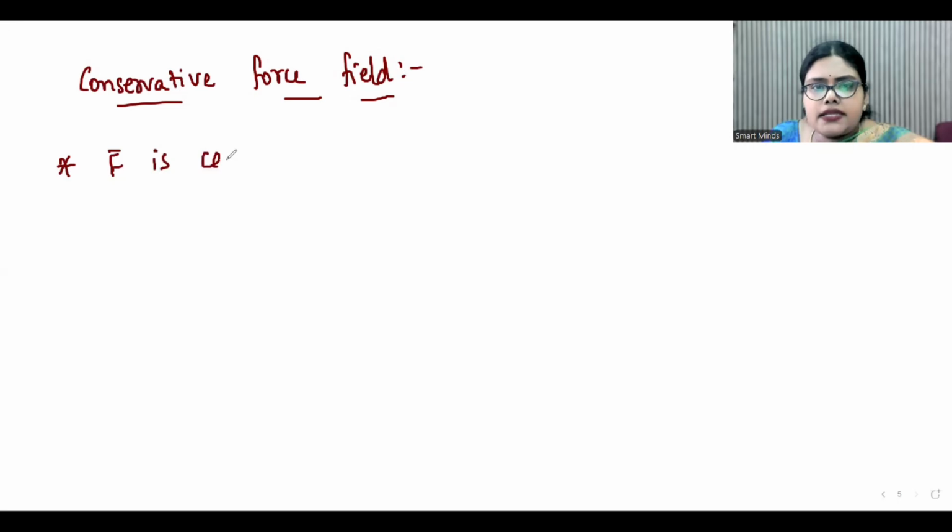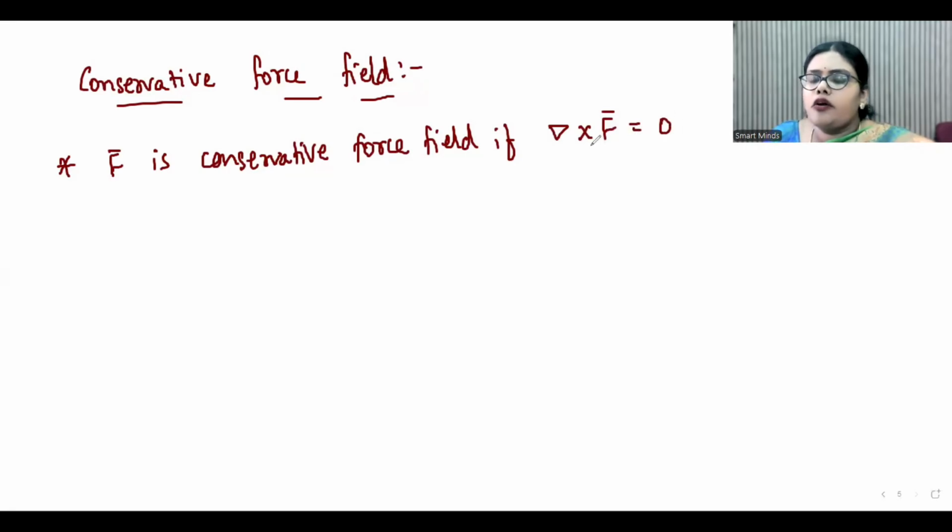F bar is conservative force field if del cross F bar is 0 or a null vector, because cross product of two vectors is a vector itself, right? So this is null vector.